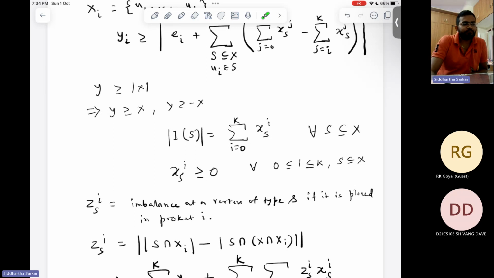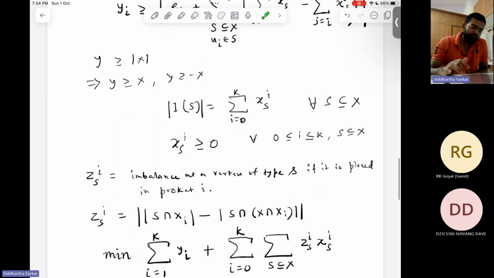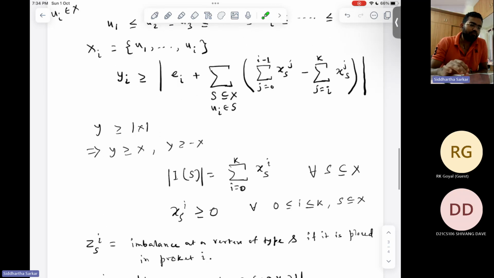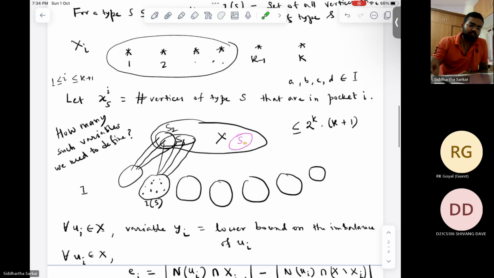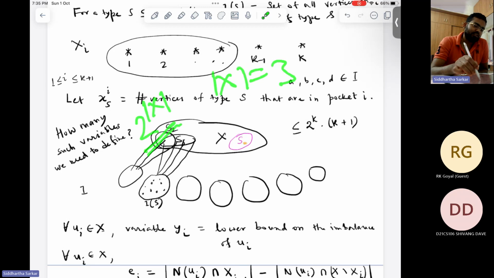But the thing is, okay, we can take an example, but how many variables are there? So say for every S and every I, we have a variable of this form, and S is itself 2 to the mod X, the choices of X. So if somebody gives you a vertex cover of size 3, so mod X is 3, so you have 2 to the power 3.